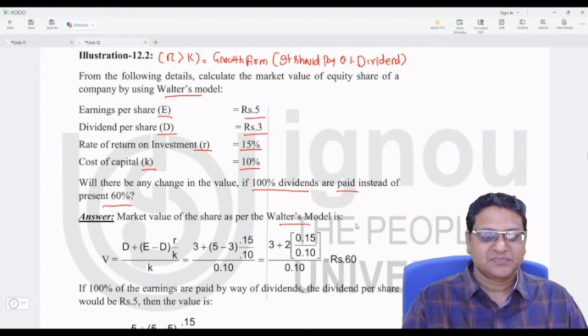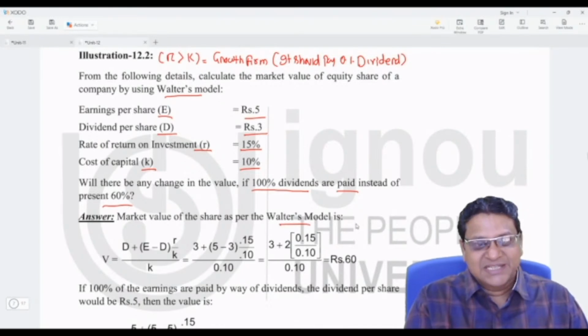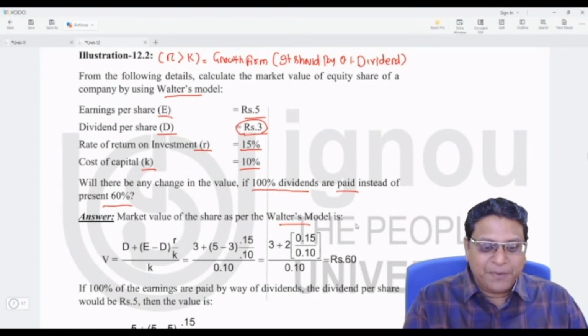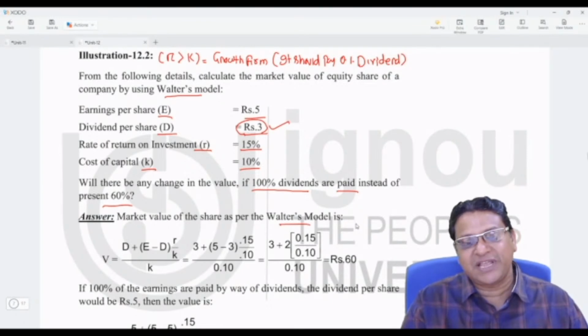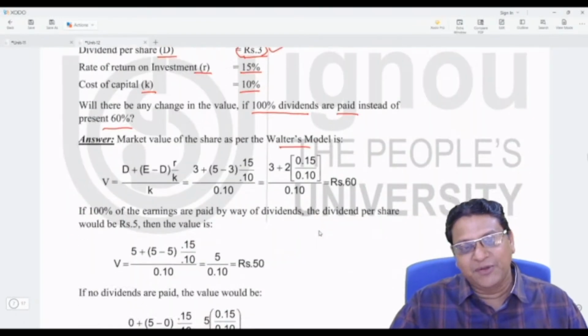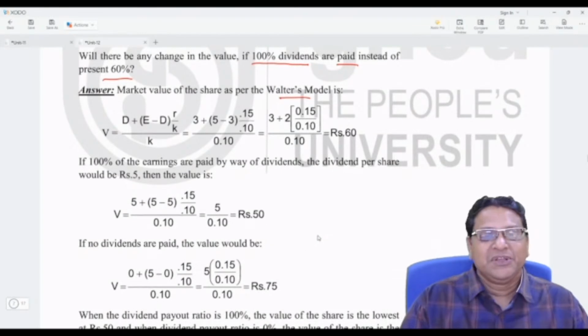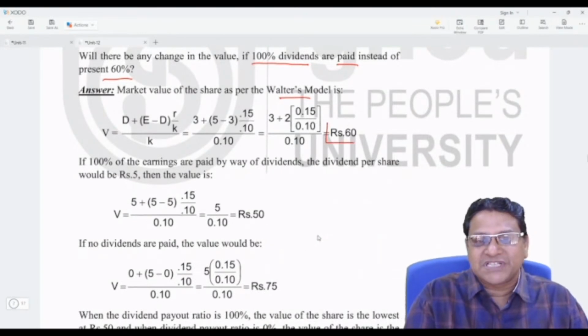The question tells us 60% dividend is paid. Dividend is 3. So if 60% is paid, you apply the formula with D equal to 3 plus (E minus D) times R by K, divided by K, and you will get a value of ₹60.